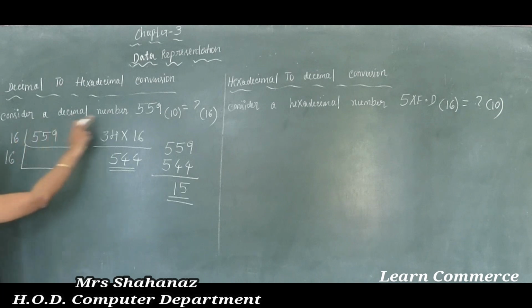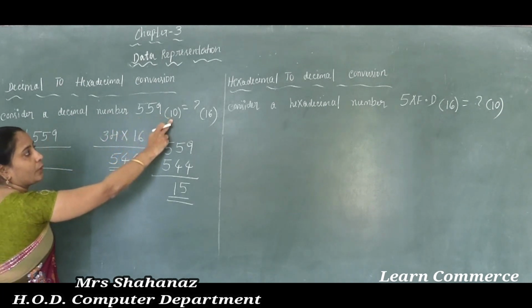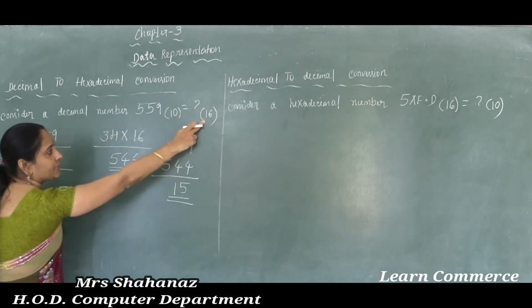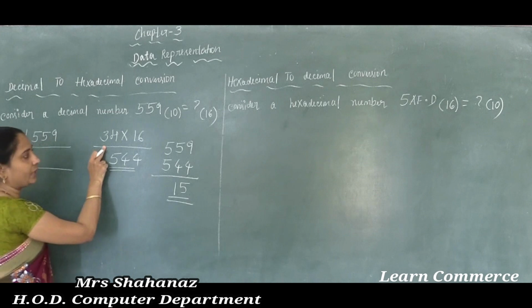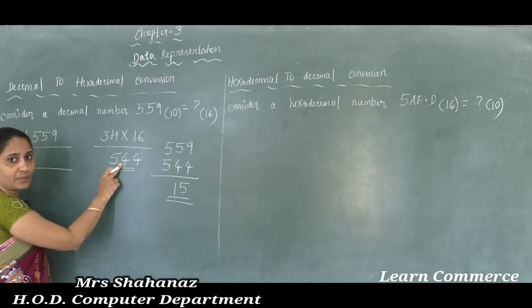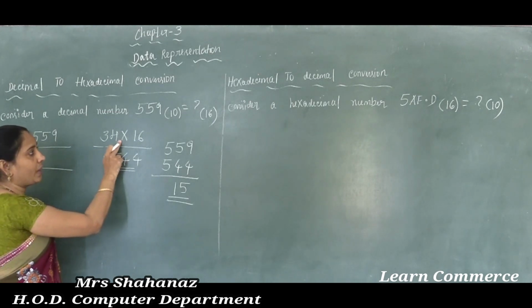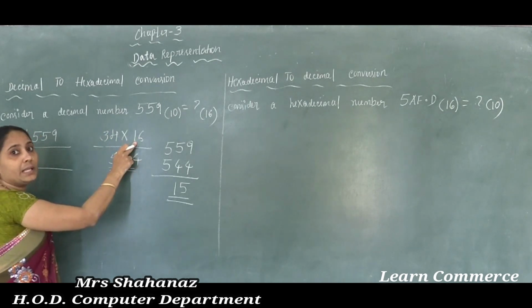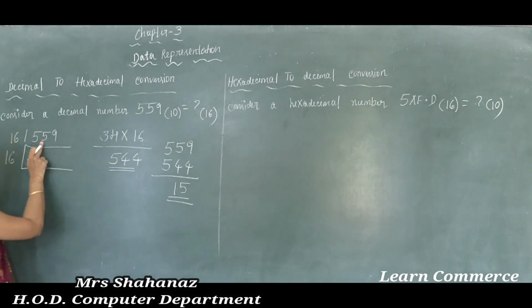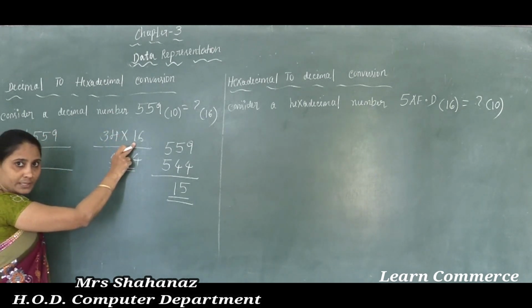So the question is 559, decimal to hexadecimal conversion. First, divide the given decimal number by 16. When you divide 559 by 16, multiplying 16 by 17 would give a number that is more, so when comparing with 559 we need to take 16 into 34.